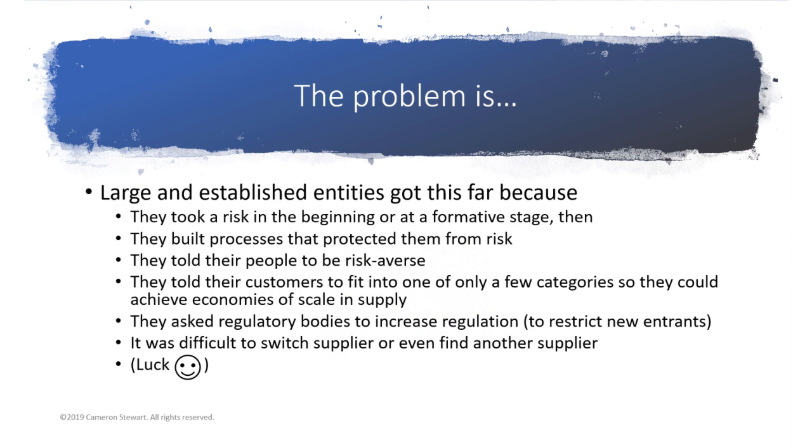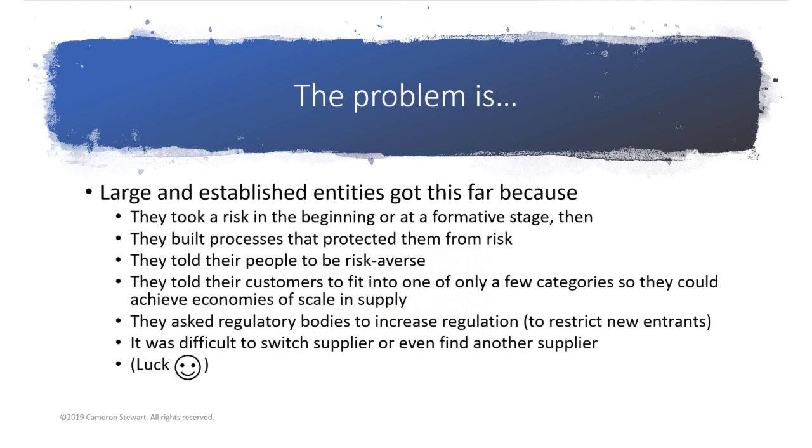Yes, to prevent problematic participants in the market, but with the side effect of increasing the barrier to entry to new entrants. And of course, as this situation escalates, it becomes more and more difficult to find a new supplier or to switch supplier. Each supplier in a market develops a kind of a mini niche to serve a group of customers that will find it difficult to depart.